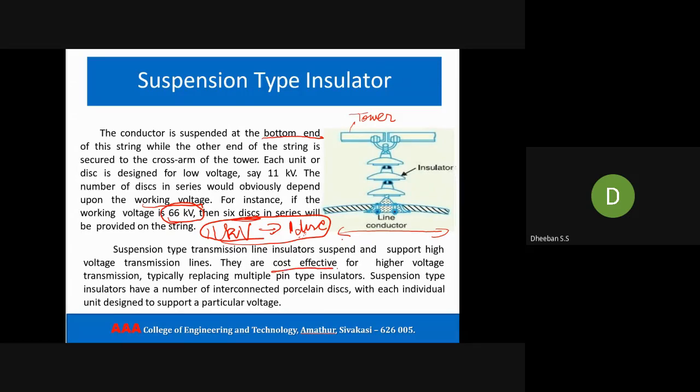They are cost effective for higher voltages. These insulators are very useful in the case of higher voltages. This can be used as an alternative for multiple pin type insulators. If you need a large number of pin type insulators, they can be replaced by these suspension type insulators.